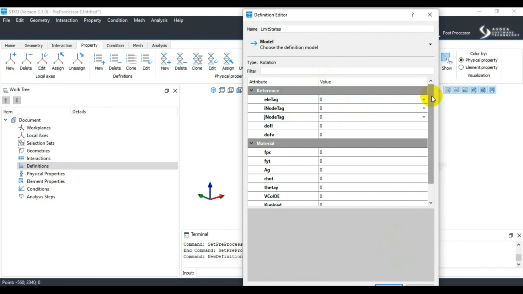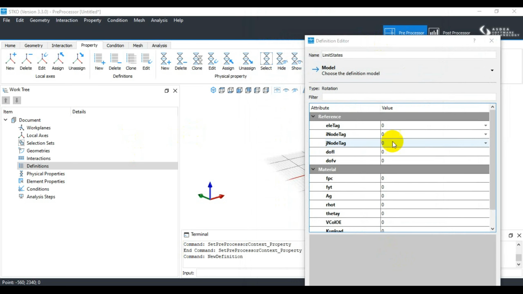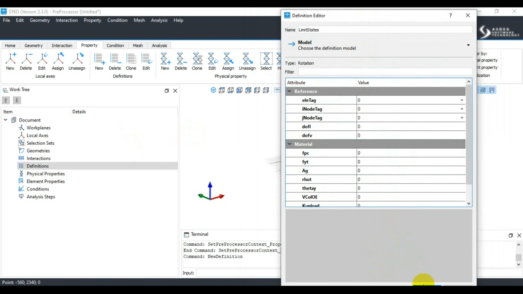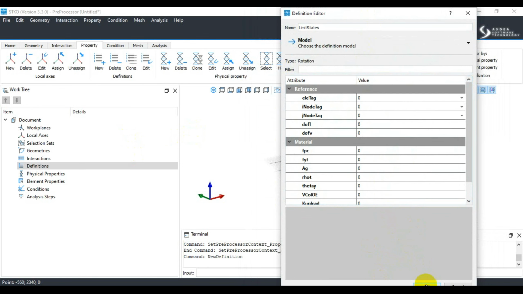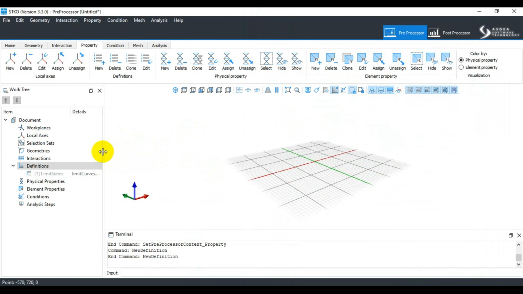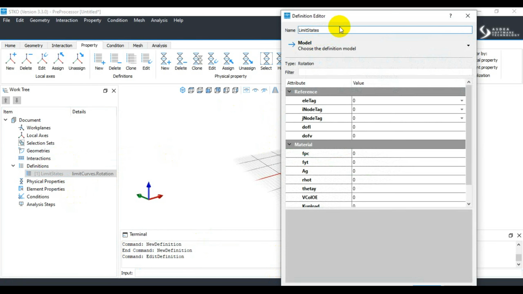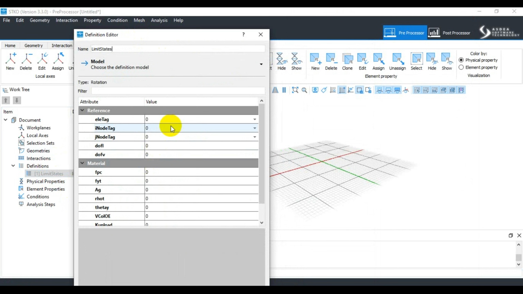limit states here. So the first thing that I need to mention here is that this modeling environment that we are using requires some prerequisites in the STKO environment before discussing all these parameters, and that is the inclusion of the hinges or nodes that are required.